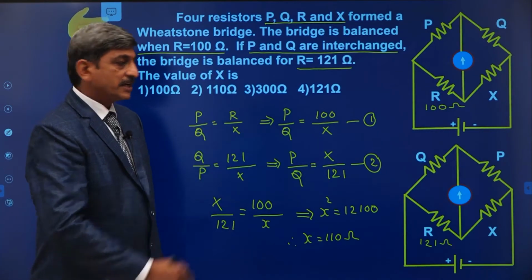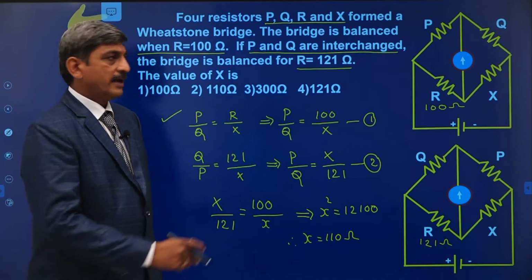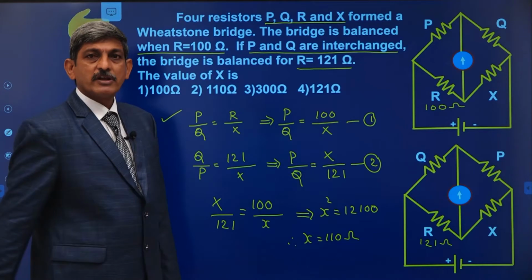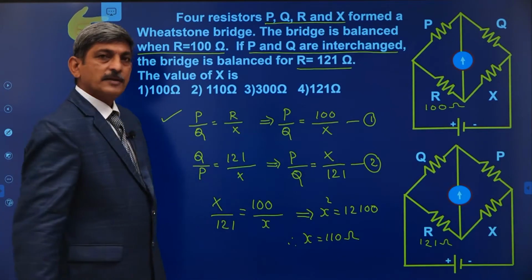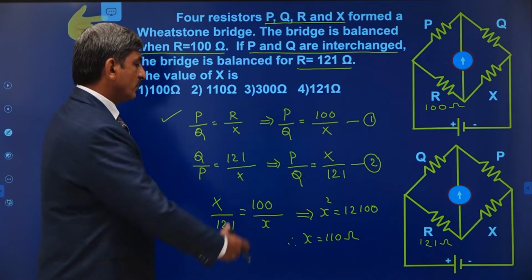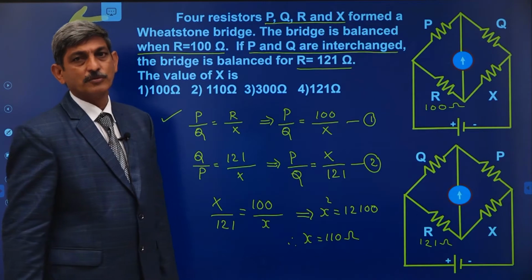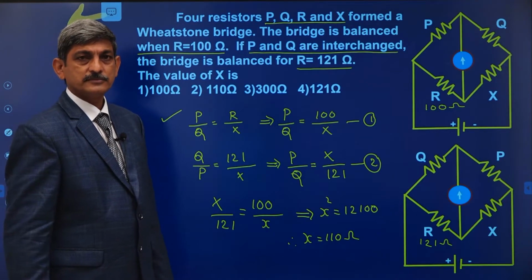For the initial conditions, we apply the balancing condition once, and after interchanging the resistance values, we apply the balancing condition again, and from the 2 equations, we solve the problem for finding the X value. That X is 110 ohms. Okay?